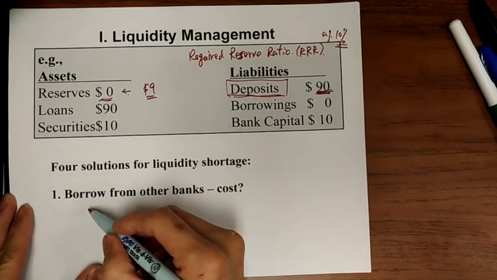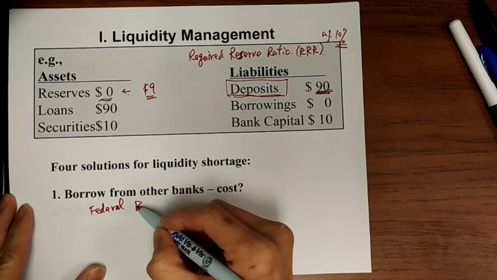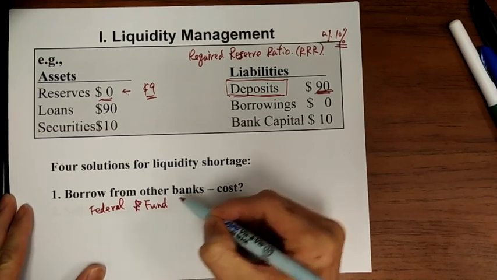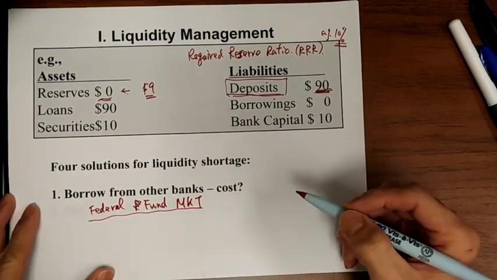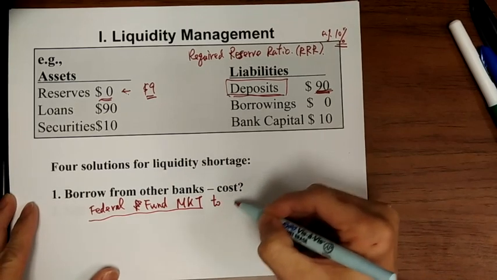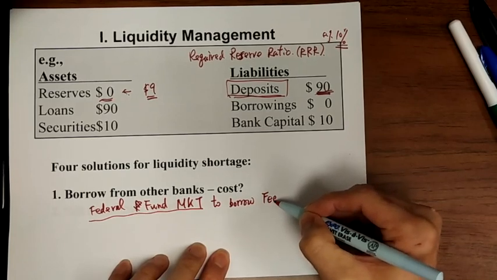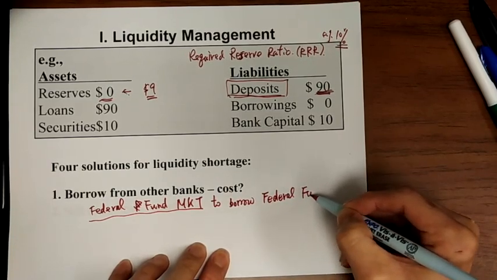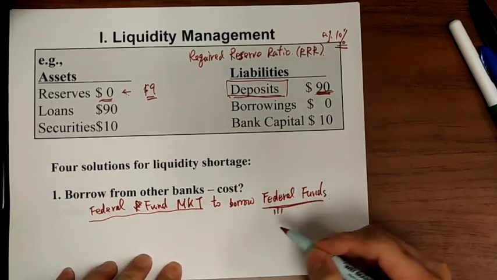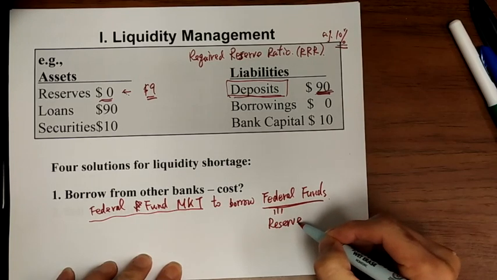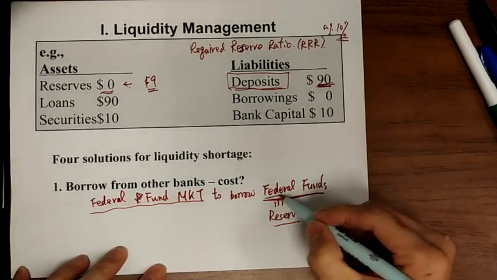The answer is they go to the Federal Fund Market to borrow federal fund. Federal fund is the reserve. They are the same thing. Reserve is the federal fund.